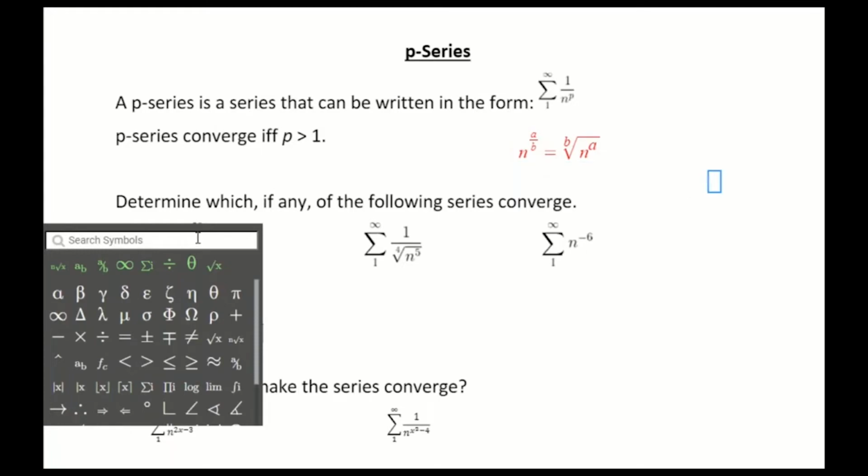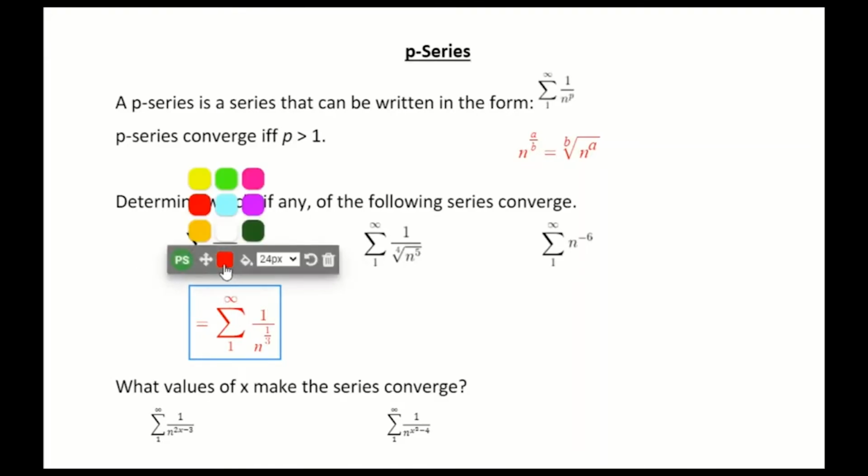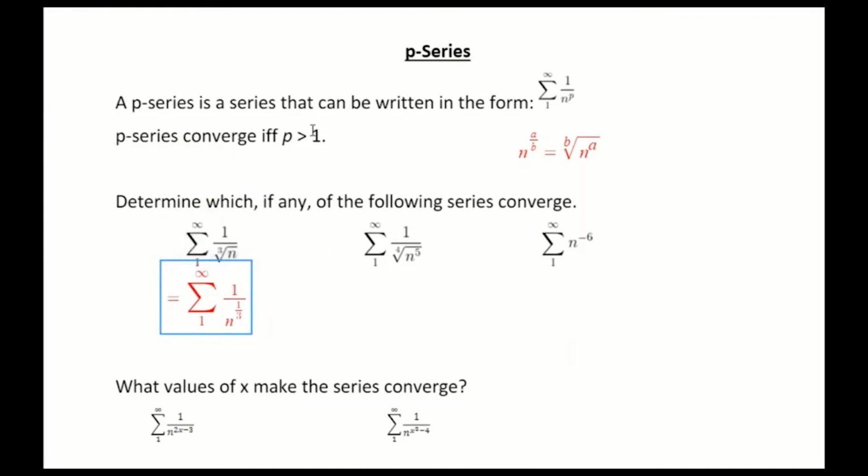So we want to rewrite this as 1 over n to the 1/3 power. As we write it as 1 over n to the 1/3 power, we can say with confidence that this is not going to converge. It will diverge because p is not greater than 1. In this case, it's 1/3.